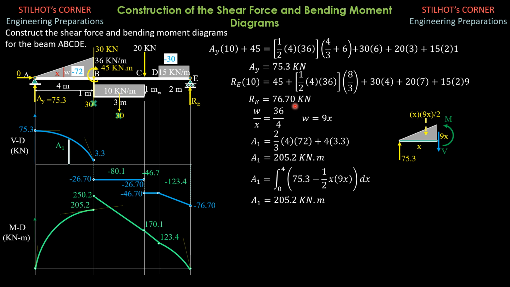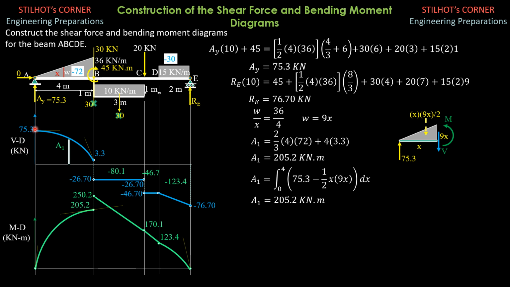So we now construct the shear diagram, shear force diagram. Beginning with 0, because AY is 75.3 kilonewtons, we go up to 75.3. The ordinates of the shear diagram are in kilonewtons.